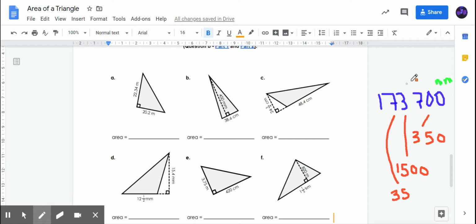And half of that extra 10 would be 5, so it's going to be 35,000. And then half of 100,000 would be 50,000.